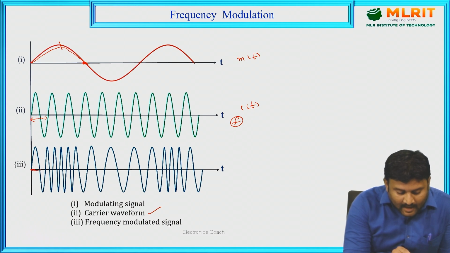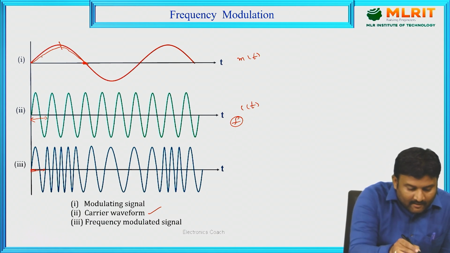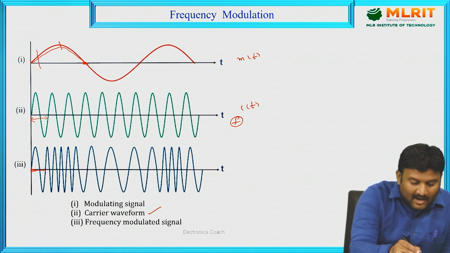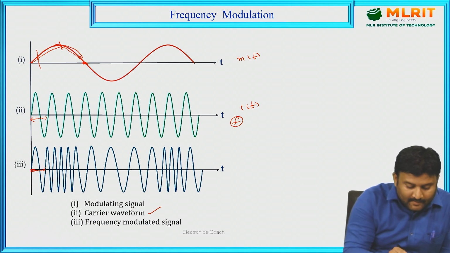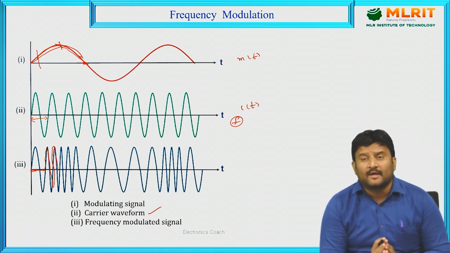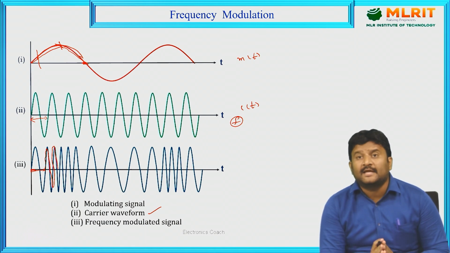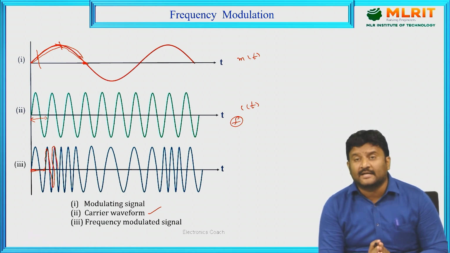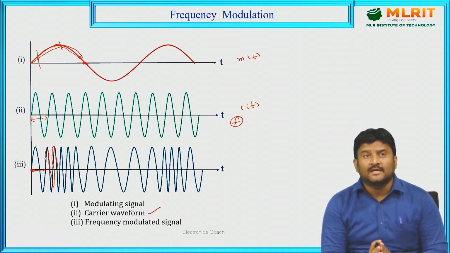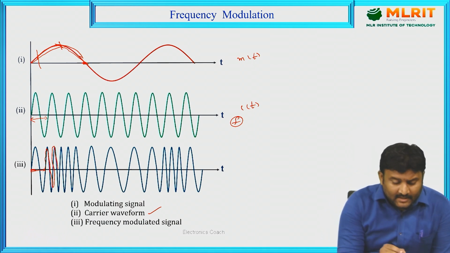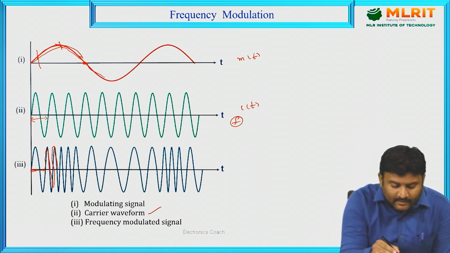After that, where the value is high, the number of cycles is more and very close to each other. Very close means the time period is less, which means it is a high frequency signal. The time period is less means the frequency is more.